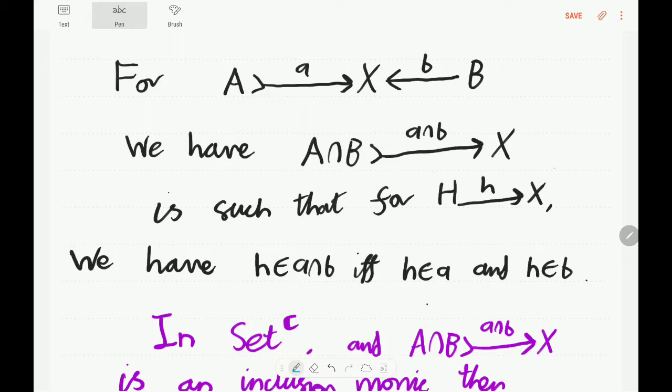There are, of course, other ways to define the intersection of monics, equivalent ways, but I think this is the most intuitive one.